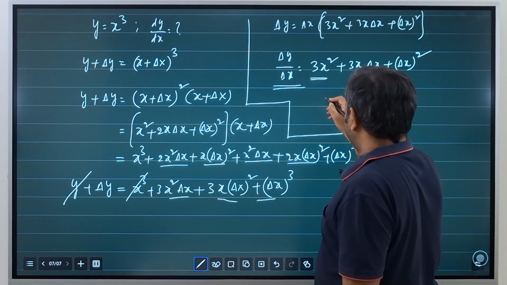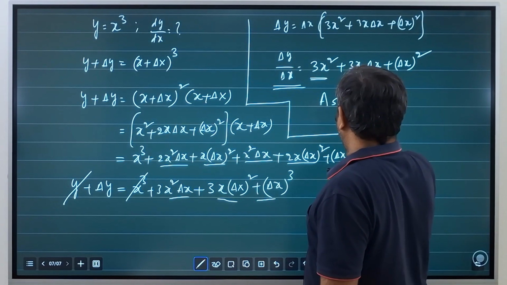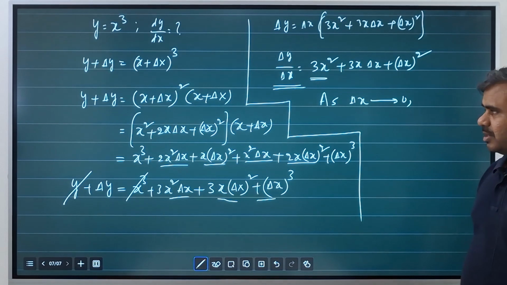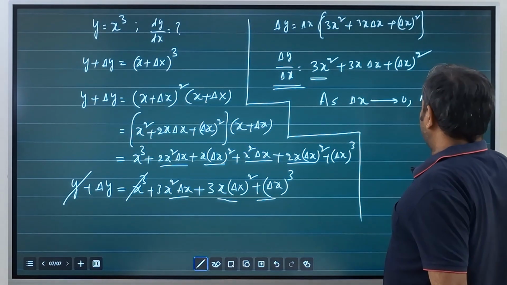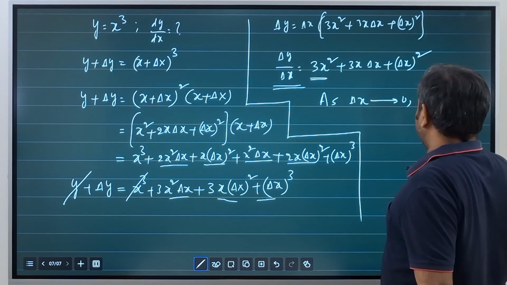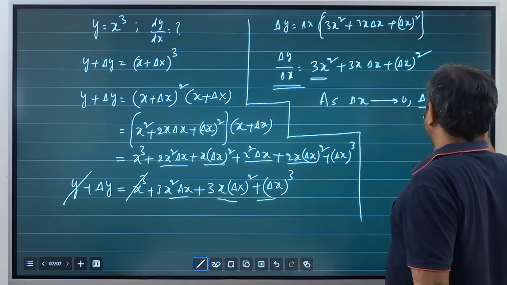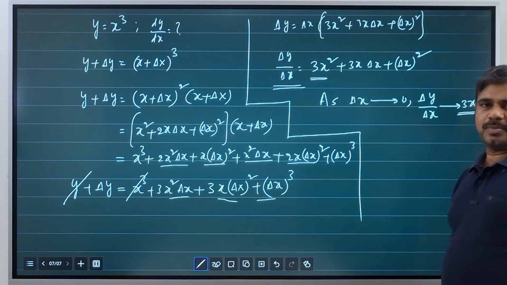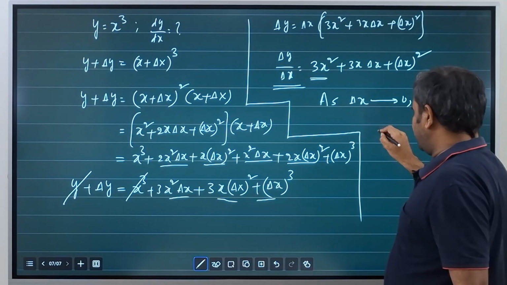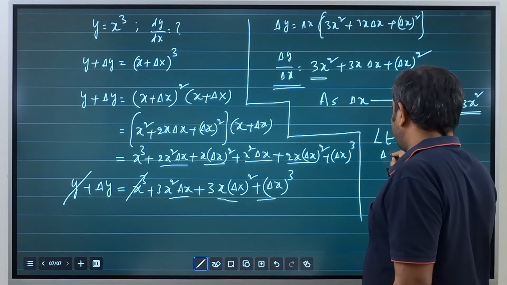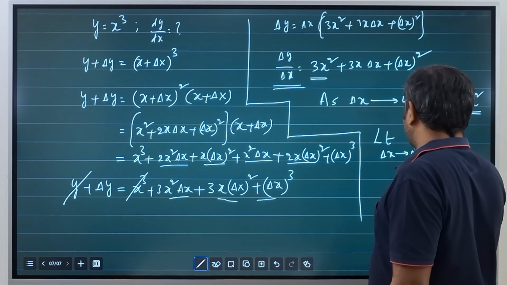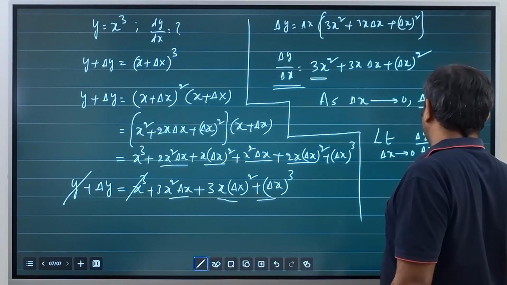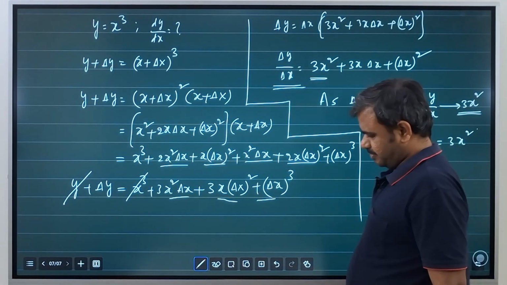So here I can say that as delta x approaches 0, as delta x becomes smaller and smaller, delta y by delta x approaches 3x square. In other words, in the limit delta x tends to 0, delta y by delta x tends to 3x square.